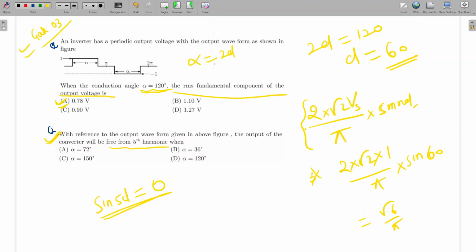So sin 5D is equal to 0. 5D will be how much? Pi, 180. So 180 by 5, D will be 36. And 2D will be 72. So the value of 2D, meaning the value of alpha, will be 72 degrees. Is it clear?